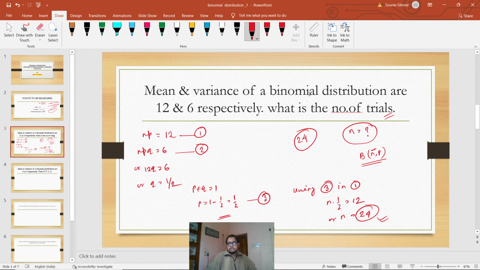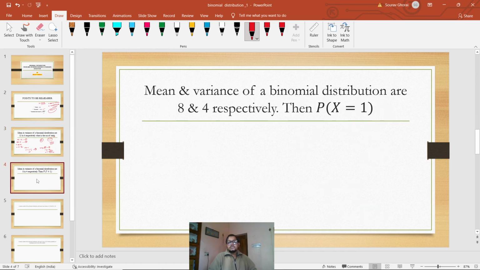In the next problem, I also have to solve a similar type of problem. You can see that here also the mean and variance are given, and we are going to find P of X equal to 1. We know that P of X equal to r in the binomial distribution is nCr, p to the power r, q to the power n minus r.